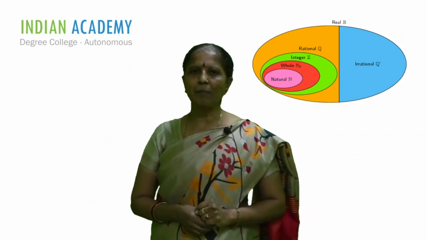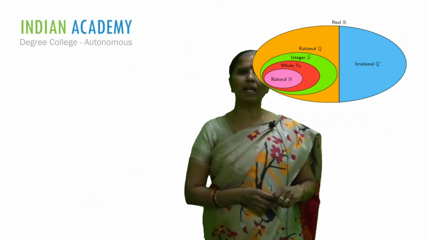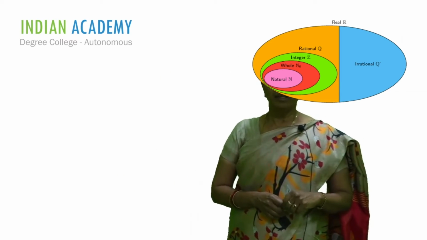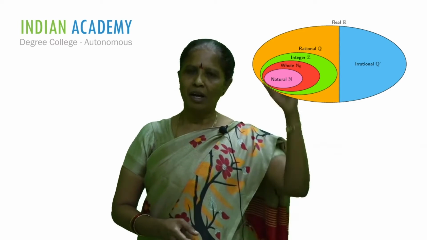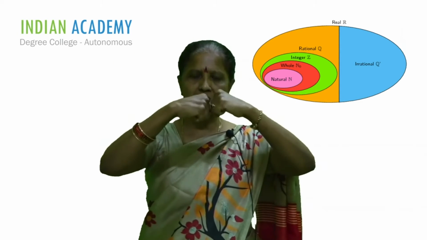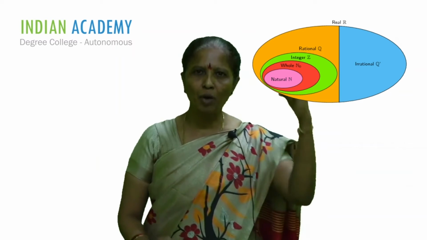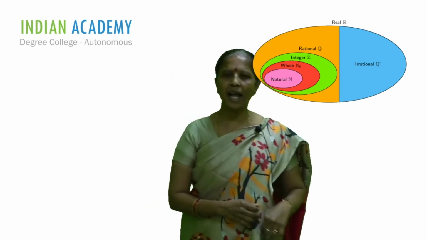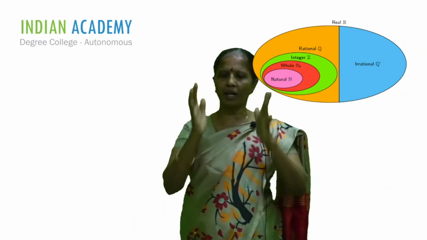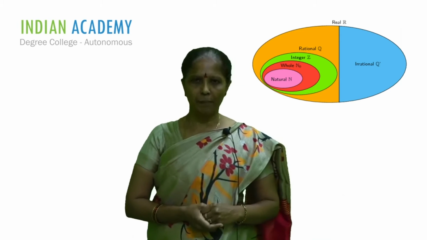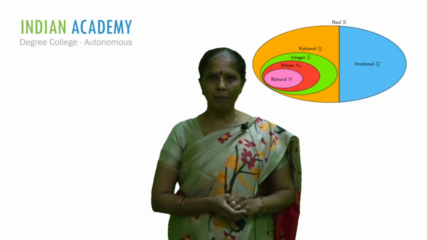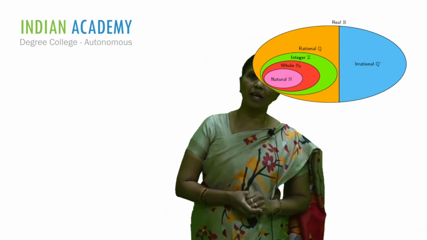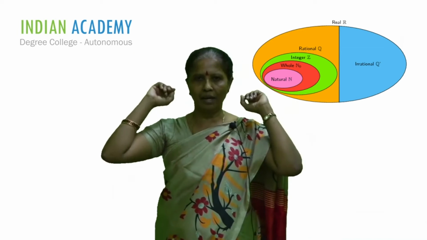This set is represented by the capital letter R, and the real number set is the union of rational and irrational numbers, that is, both the rational set and the irrational set put together give us the real numbers, right? As I told you, these real numbers can be represented on a real line.